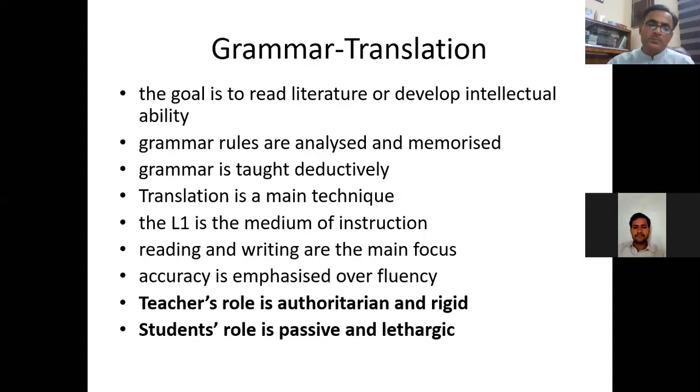And I tell you that this methodology, which more or less belongs to the cognitive theory of learning that we discussed yesterday, highly promotes a kind of scholarship in English language learning and teaching.